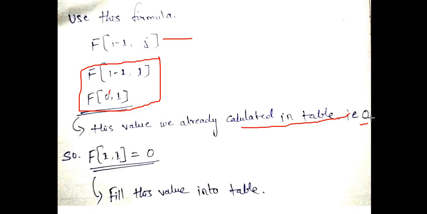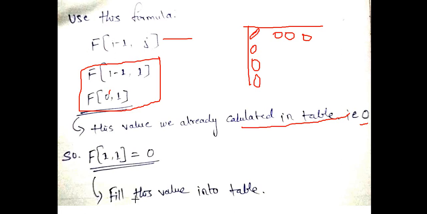In the table I already told you to write the first row, first column as 0, we have written that now. So from this table we have to calculate this cost.